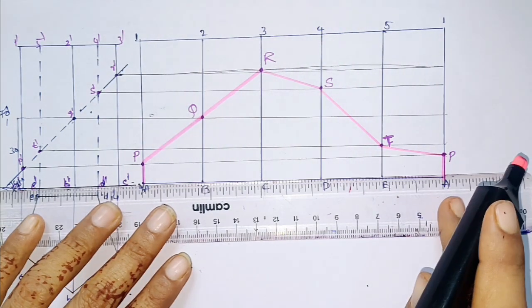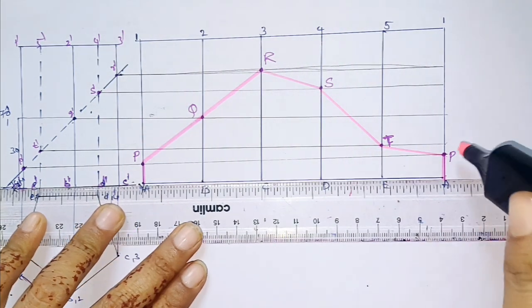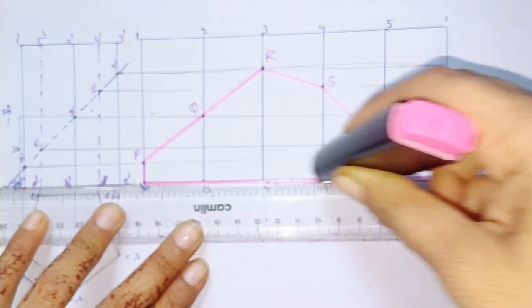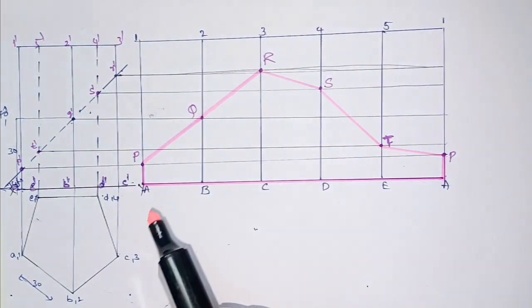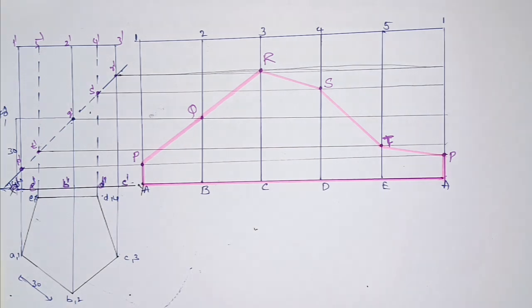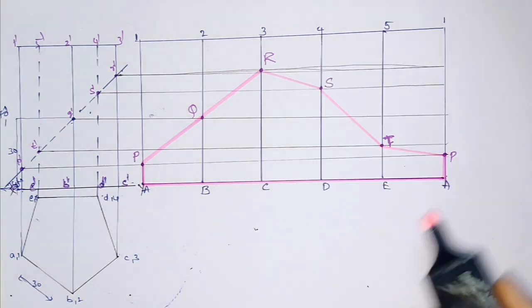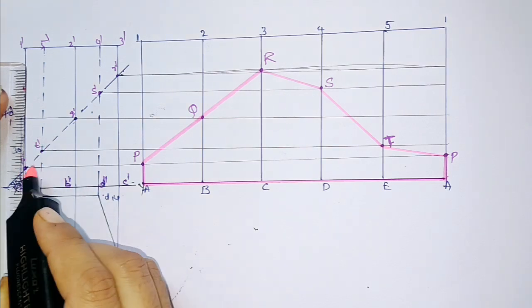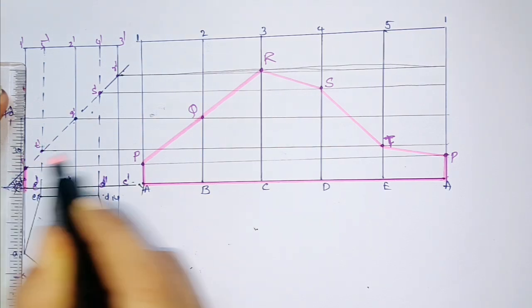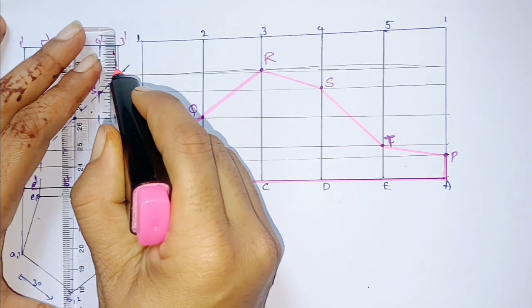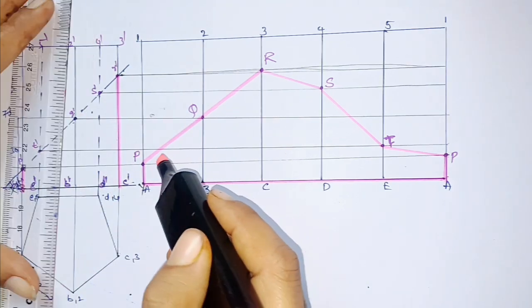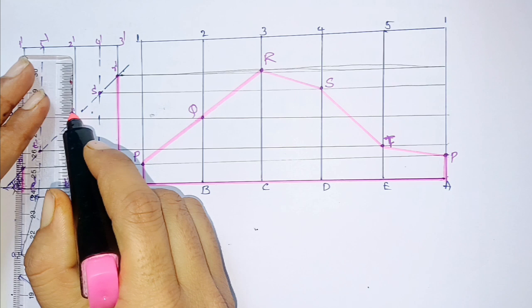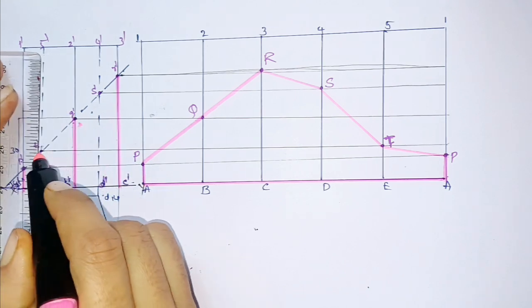Then you have to join the surface line A to A, and this should be dark. What I am drawing in pink color should be dark. And in this also P to the surface line, and R prime to C prime, and here also Q prime to B prime.